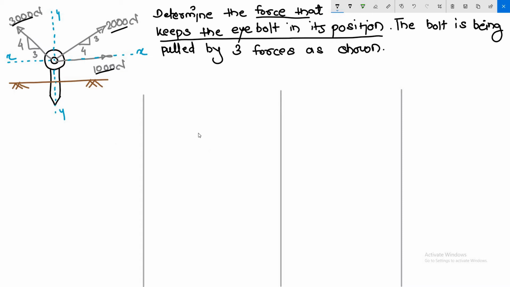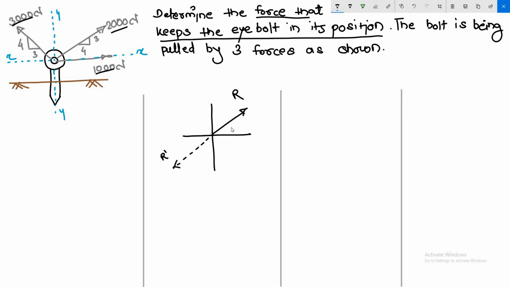For example, if a system of force is there, the same 3000, 2000 and 1000 Newton force system, and it is converted into a single resultant, then the equilibrant force is the one that keeps the resultant in equilibrium. That is, it will be in a direction opposite to that of the resultant force and it will have the same line of action.